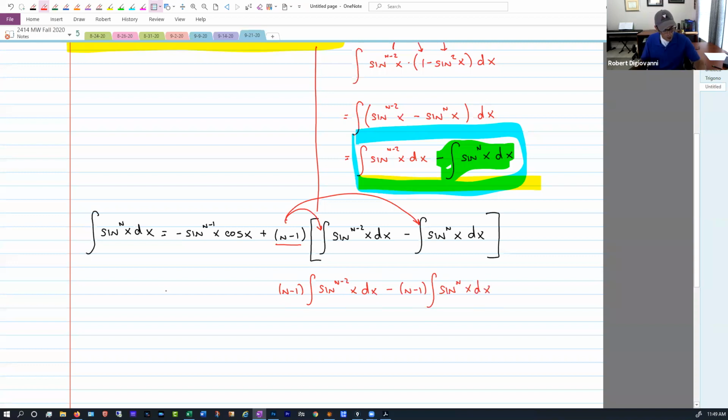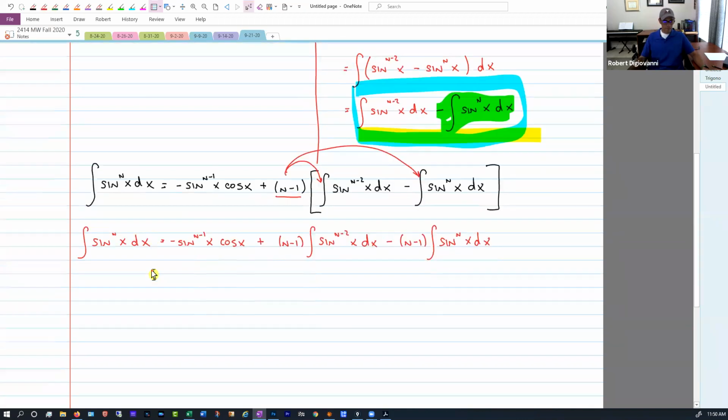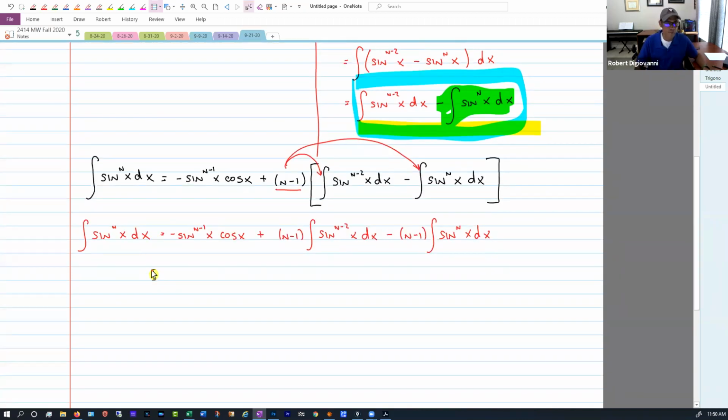And I still have all this in front. Isn't this fun? Generating reduction formulas. Okay, there we go. There's where we are now.